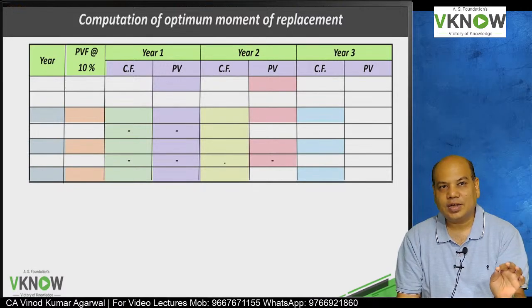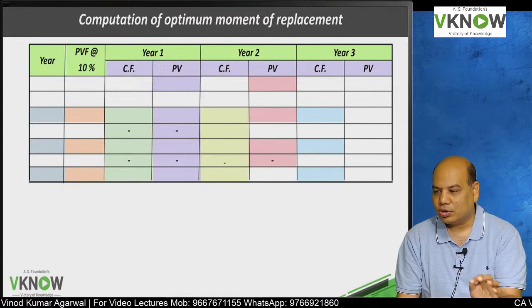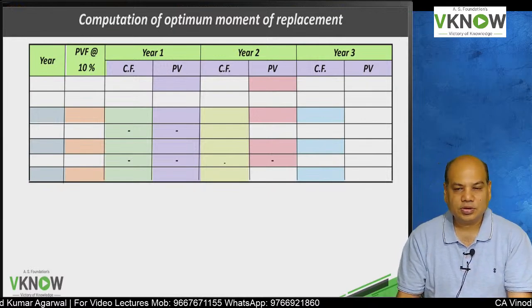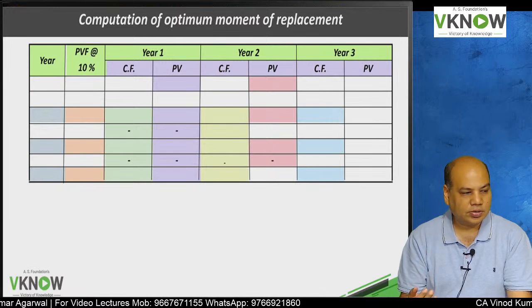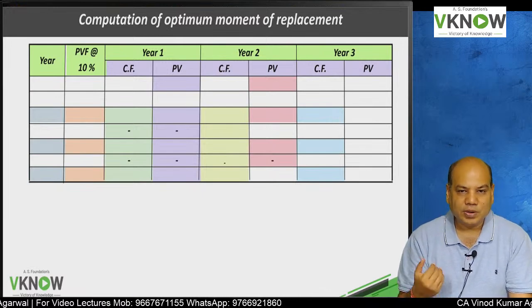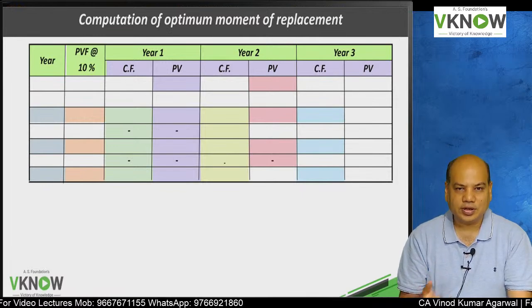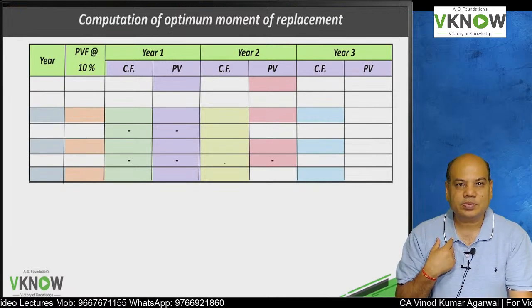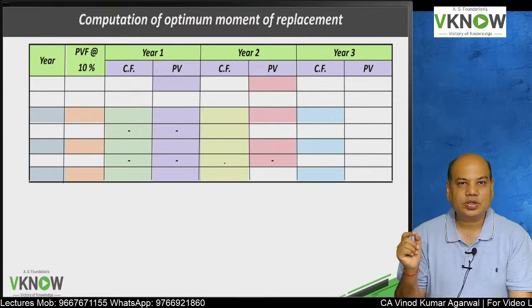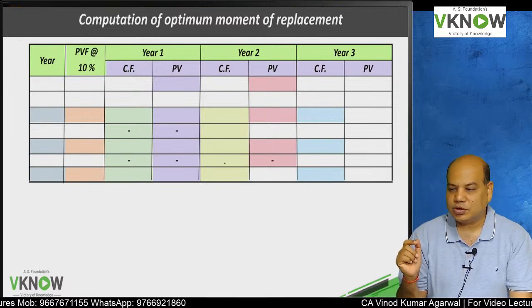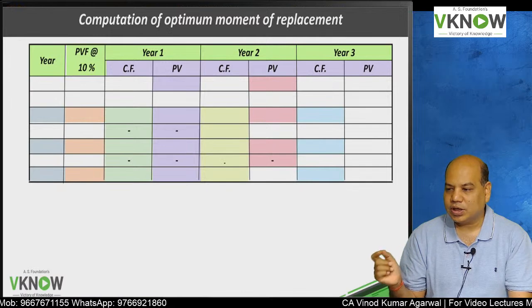You have to get same EAC for all the 3 options. So we have actually 3 options, whether I should replace after year 1 or after year 2 or after year 3. And my objective is minimization of my usage cost. So I will choose the option with lowest cost per annum.